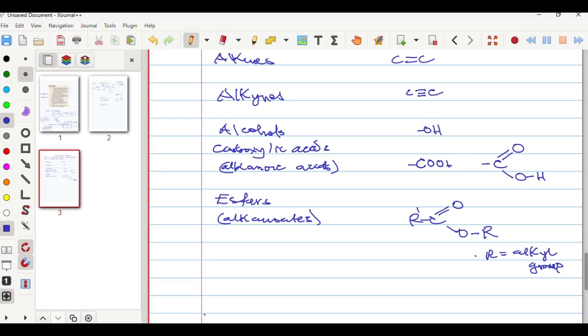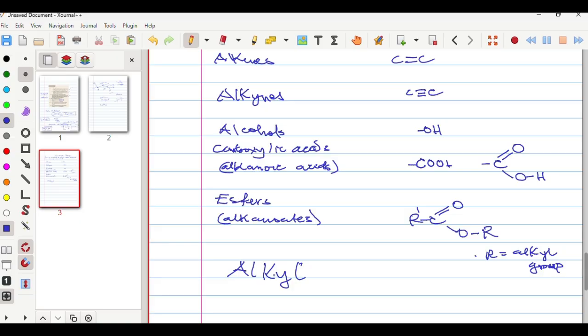They are triple bond, like they bond to carbon with triple bond. Oh, that is alkyne. What I'm asking is alkyl, Y-L.